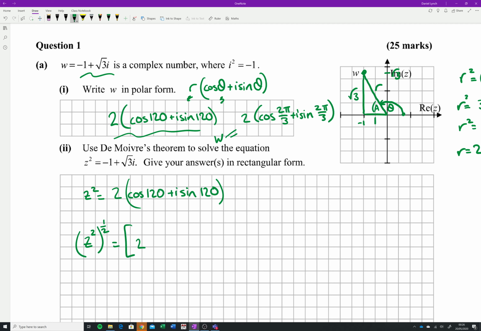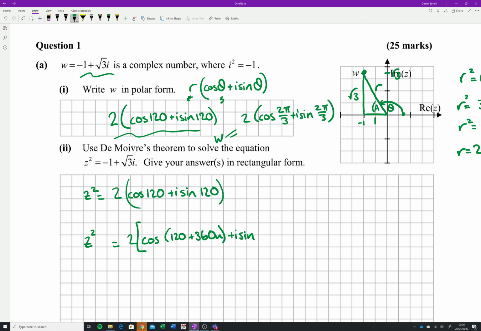So what we're going to do is take our 2 cos 120, but this is one of those cases where, you know what, let's not do it to the power of a half just yet. Let's just deal with this bit here. What we'll do is we'll call it the cos of 120 plus 360n, where n is a whole number.